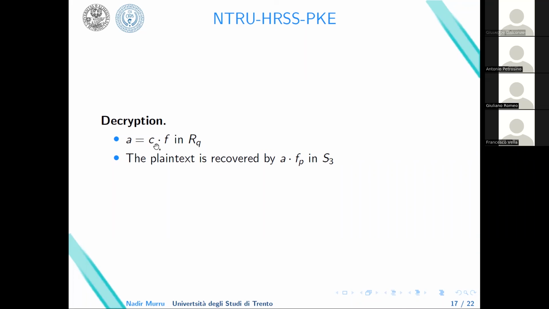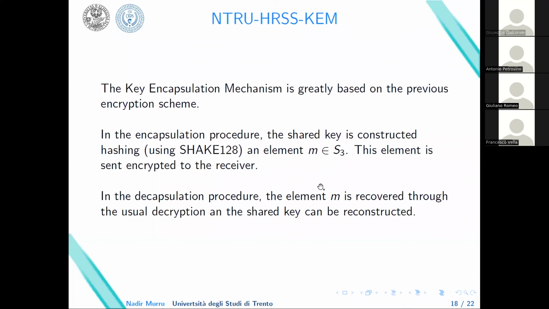So you take the ciphertext C and you multiply it by the first part of the private key, and you get a polynomial A. Then, after that you have obtained the polynomial A, the plaintext is recovered performing this multiplication in this set. And so this is essentially the HRSS version.